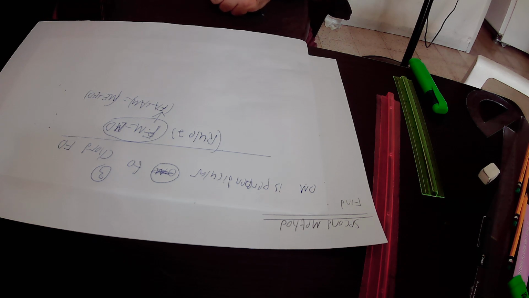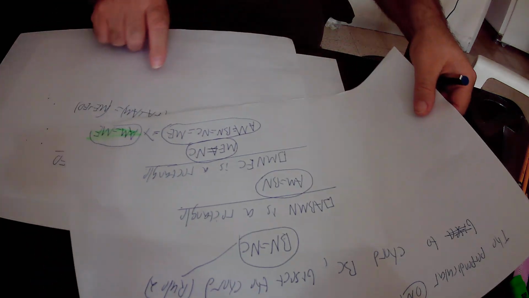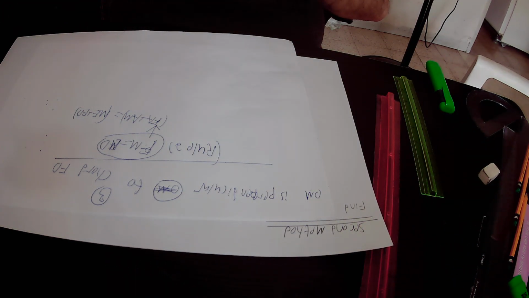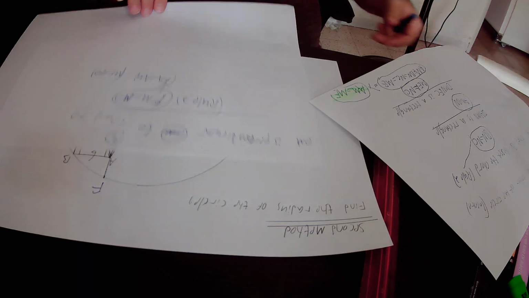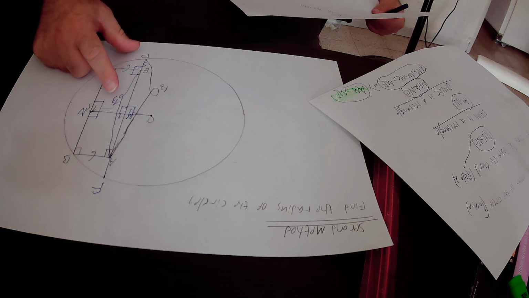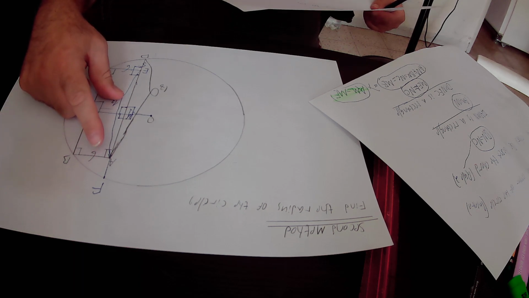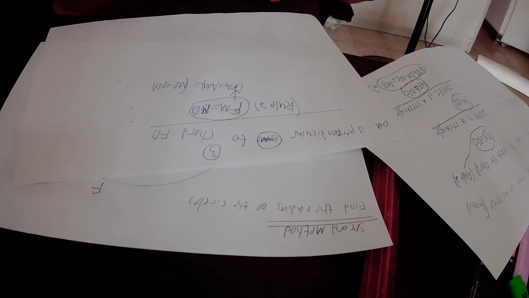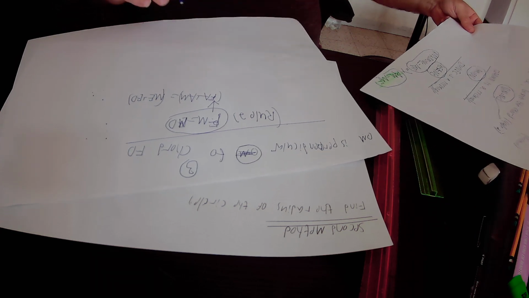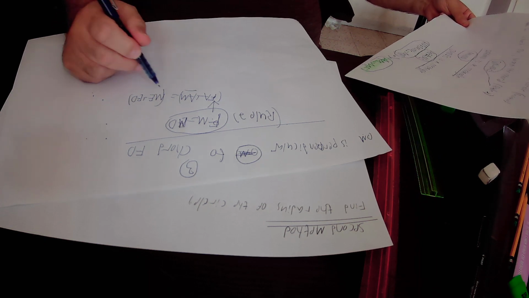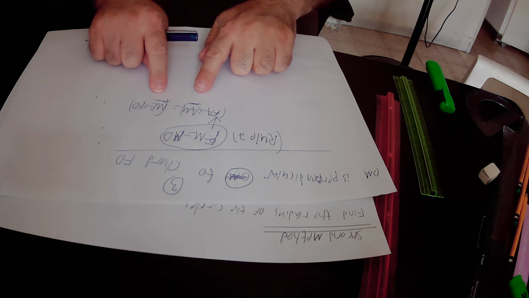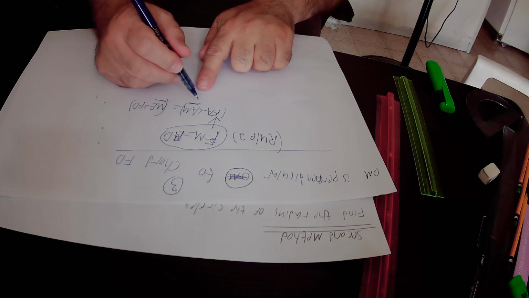But we have already found out that AM equals ME. Because AM equals ME, we can cancel them, or subtract them from the equation, because they are equal to each other.